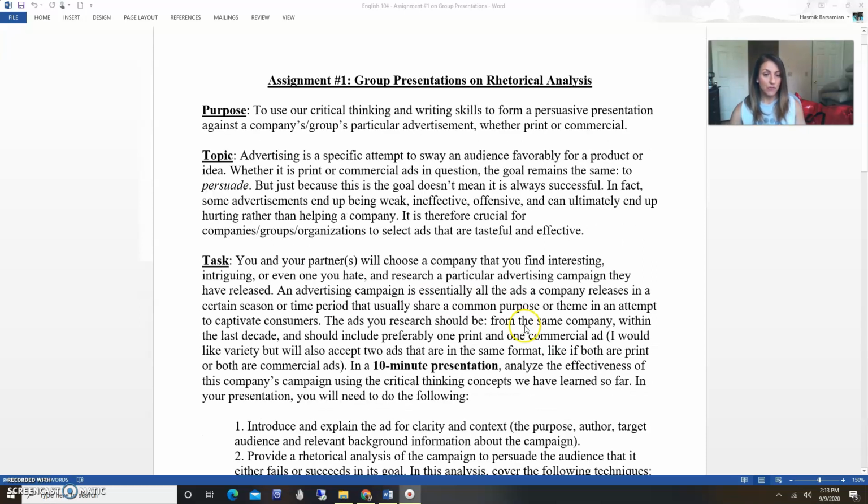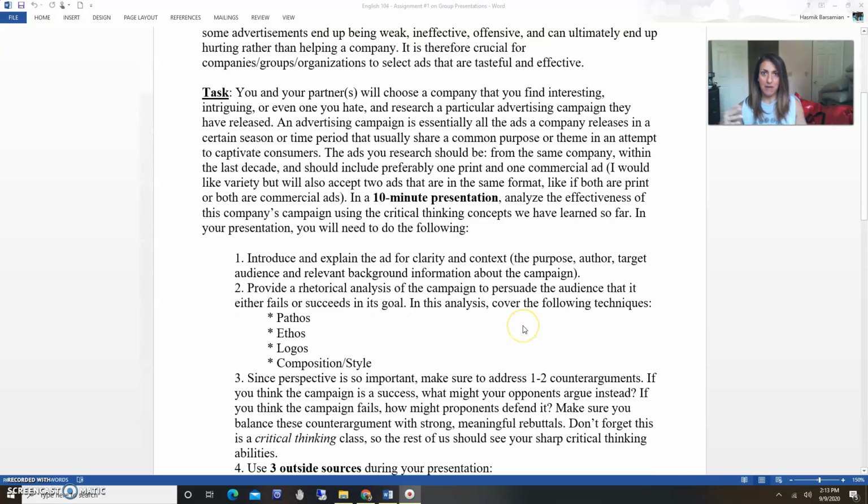And I'm going to go over those techniques: pathos, logos, ethos, composition, and style. Now, there's other elements too that we went over, like purpose, author, and target audience. All of these together create the rhetorical strength or weakness of a particular advertisement.